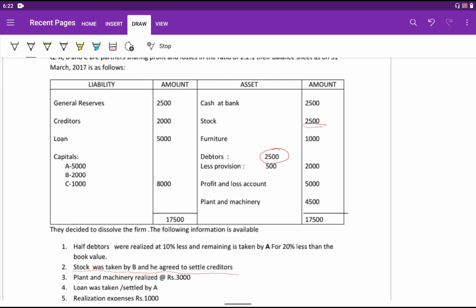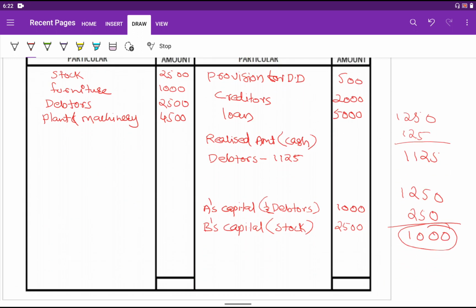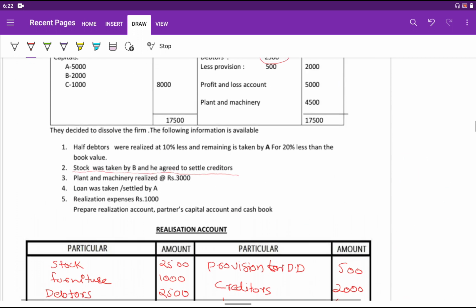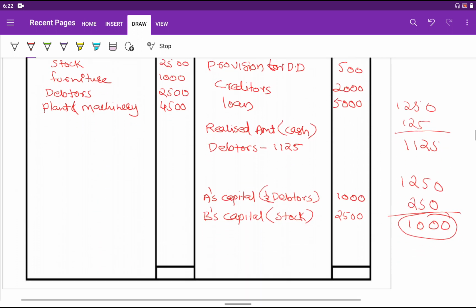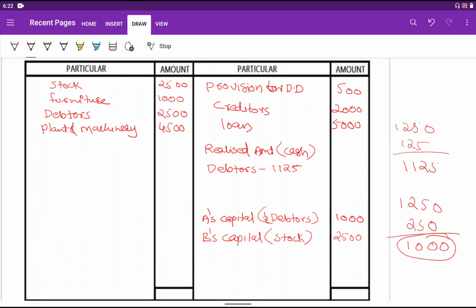And he agreed to settle sundry creditors. What is the adjustment? Normally we settle any liabilities on the debit side, right? If any partner is going to settle, we will also write it on the debit side itself, but in his name. So who agreed to settle the creditors?